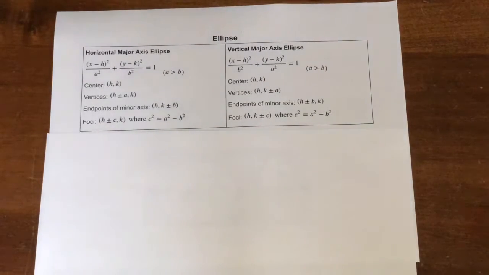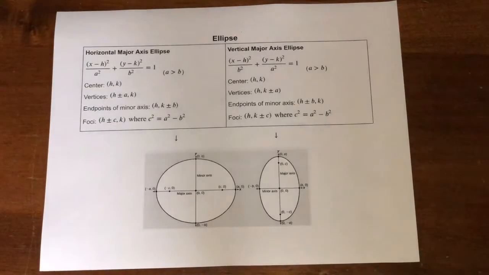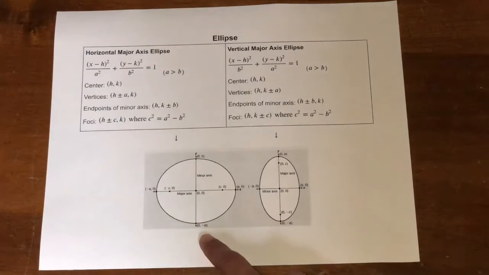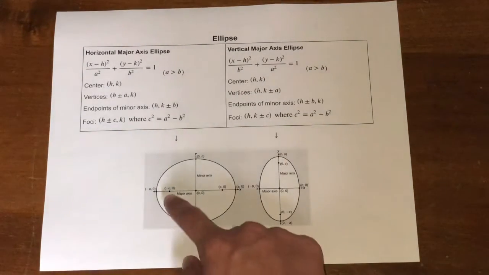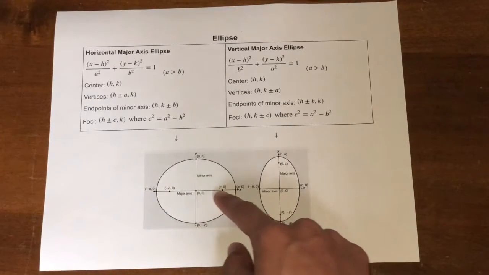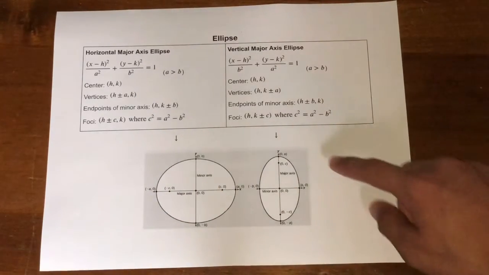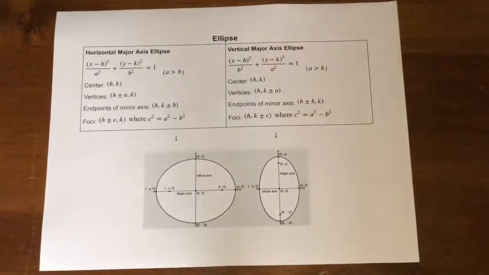And the foci are h, comma k plus or minus c, where c squared is equal to a squared minus b squared. And this is what the horizontal major axis ellipse looks like. And this is what the vertical major axis ellipse looks like. As you can see, the major axis is horizontal, and over here the major axis is vertical.